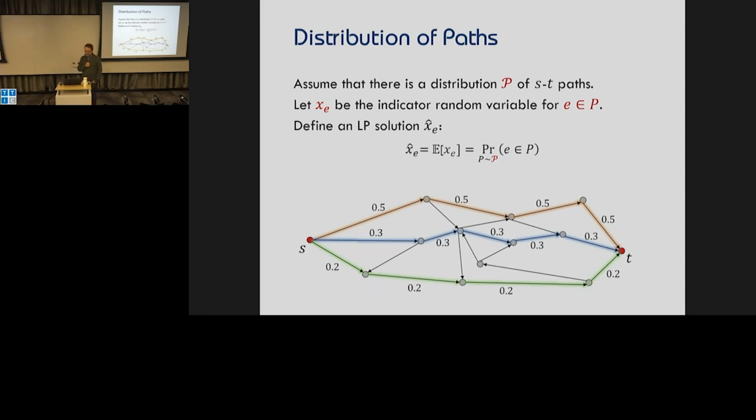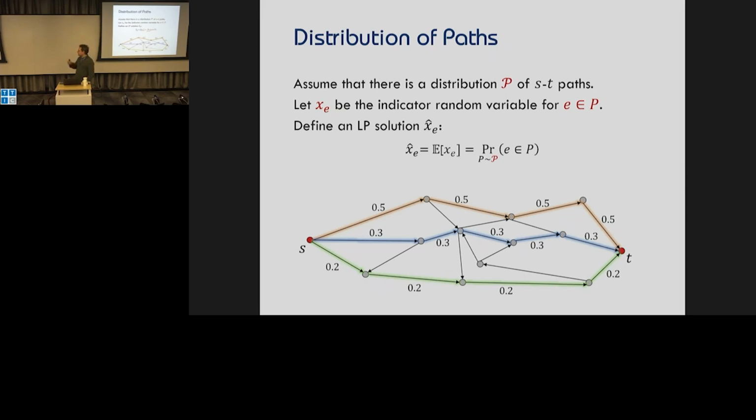Let's first pretend that we are given a distribution of s-t paths, and then we can consider an edge e and introduce an indicator variable x_e for this edge. x_e is equal to 1 if our edge e belongs to a path P sampled from our distribution, and it is equal to 0 otherwise. So for every edge in the graph, we have this indicator 0-1 random variable.